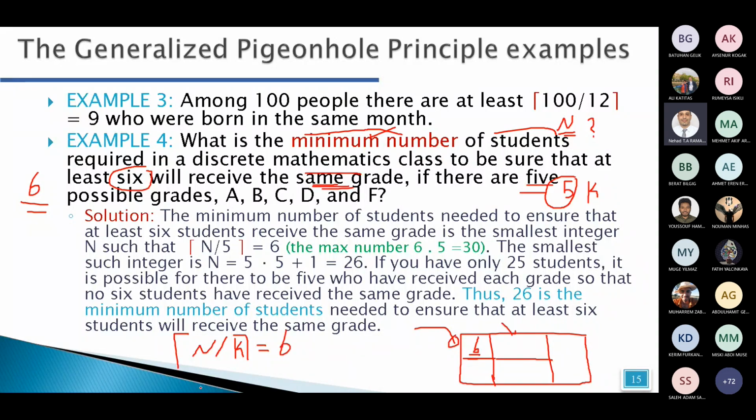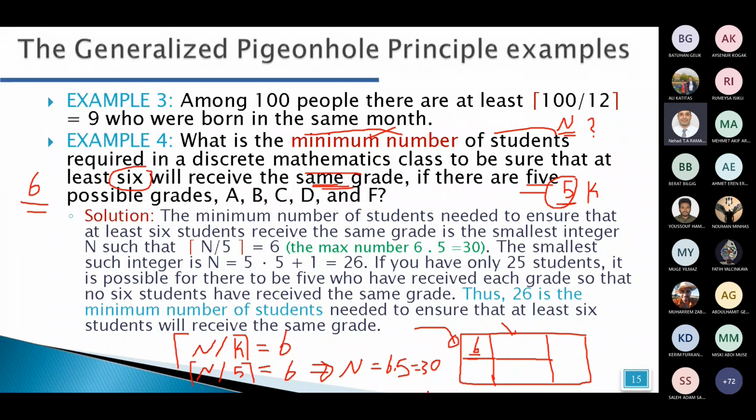So it's equal to 6. N, we don't know it, we need it. K is the number of different possible grades, which is 5. So N divided by 5 is equal to 6. So from this, we know that N is equal to 6 multiplied by 5, which is 30 students.